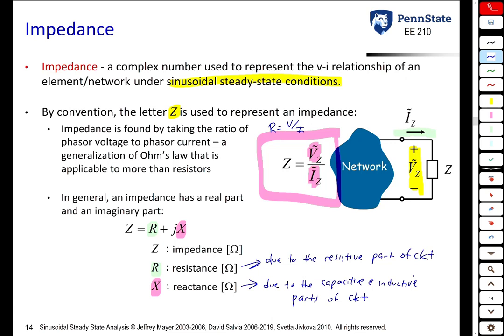And together we're going to get this total impedance Z, which in general is going to be a complex number. So let's individually look at impedance of specific elements, and then we'll look at the impedance of combined elements.